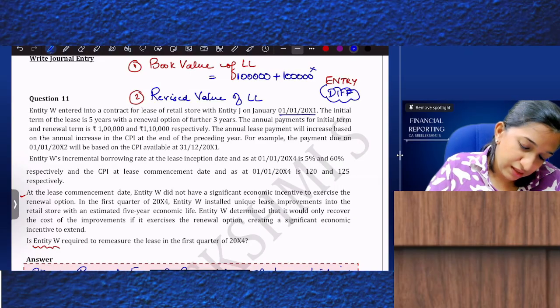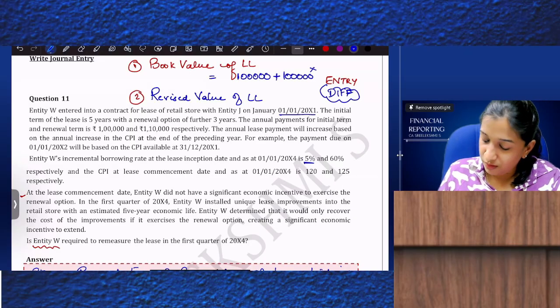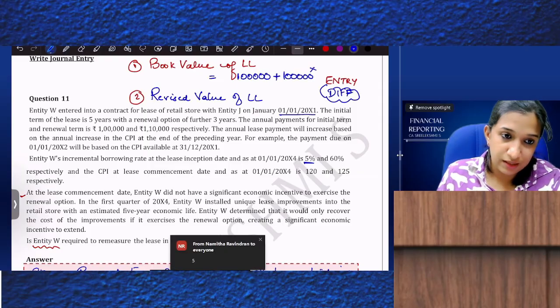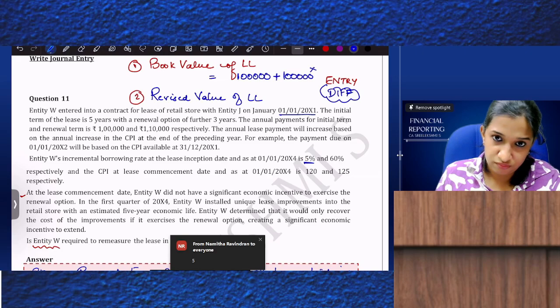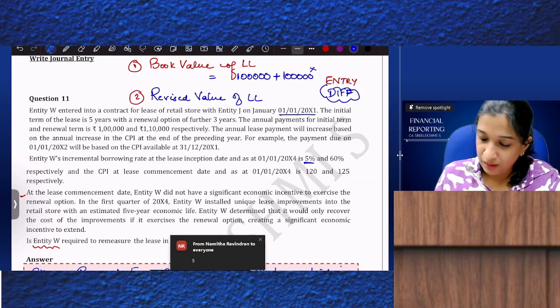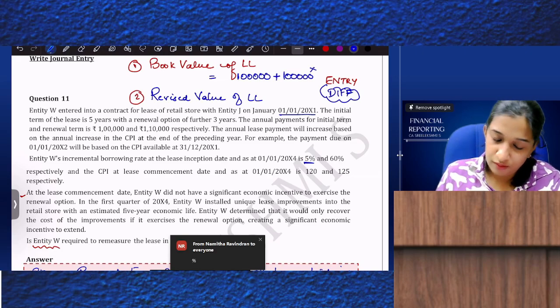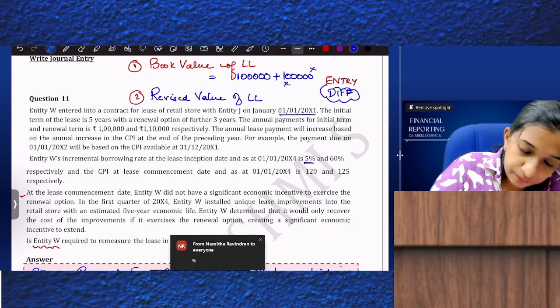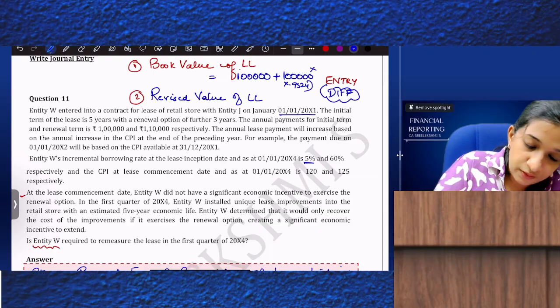So what is the rate initially? 5%. 1 divided by 1.05 is 0.95238. So 95,240 plus 1 lakh, 1,95,240.